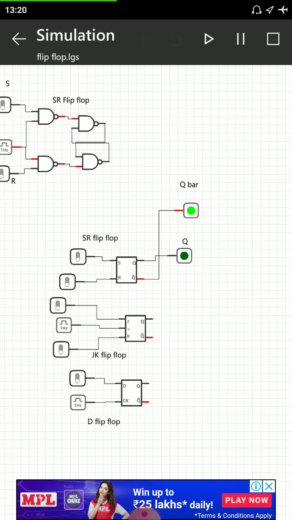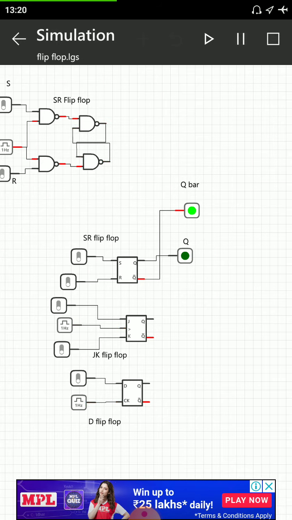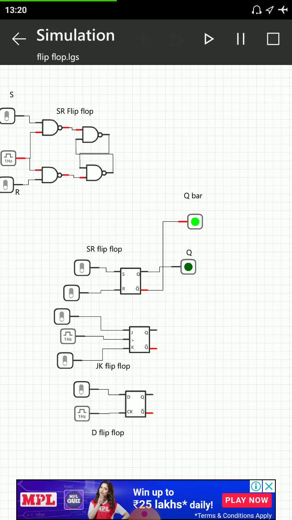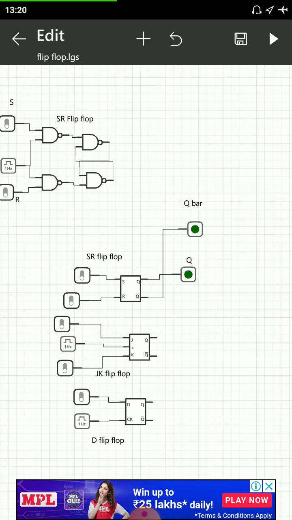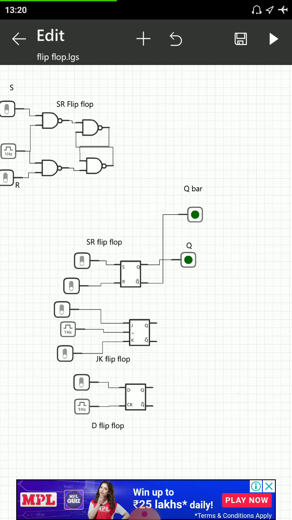Any condition can prevail. So at last we will go through the circuit of the SR flip flop made by using 4 NAND gates.